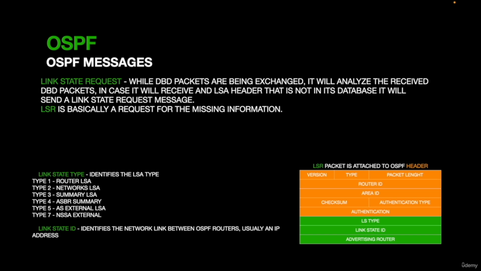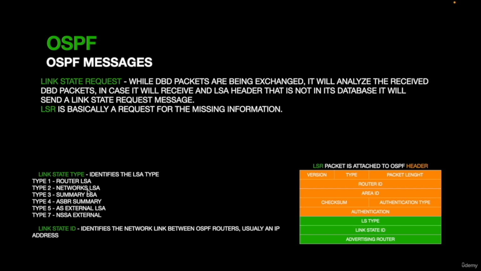Okay, we also have the link state request message. This is doing the following. When the database description packets are being exchanged, the router will analyze the received database description packets, and in case a router receives an LSA header that is not in its database, it will send a link state request message. So LSR is basically a request for the missing information. The LSR portion of the OSPF packet is pretty simple.